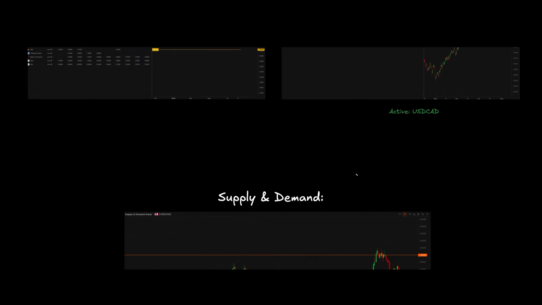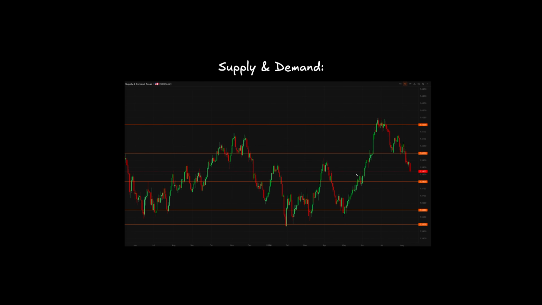After that, I'm also using the supply and demand. So this is again the supply and demand on USD-CAD. If you look, we definitely just broke this key level, okay, the 140. This is a daily time frame. Now the price is basically dropping, and we're going to reach the 138 level anytime soon if the bearish trend continues.